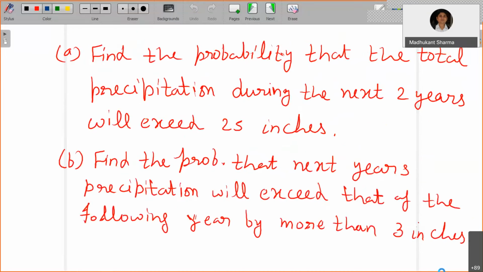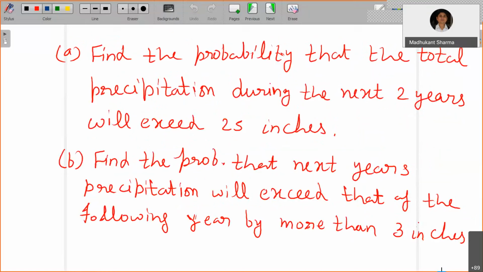The first year will be normal, the second year will also be normal, and you know that the sum of two independent normal random variables follows normal. So far we have not made any assumption, and it is not given that they are independent. So here assume that the precipitation totals for the next 2 years are independent. So let's solve our problem.